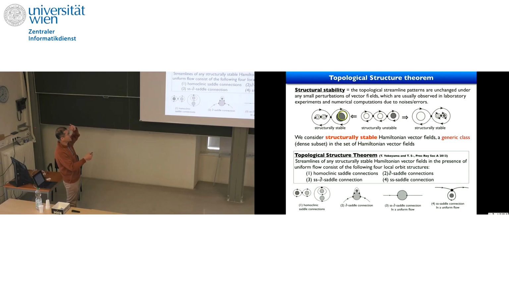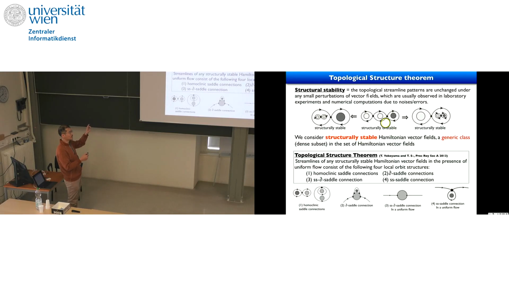But these patterns are structurally stable because when we add some small perturbation to this structure, this connecting information does not change. So using this notion of structural stability, we consider structurally stable Hamiltonian vector fields.